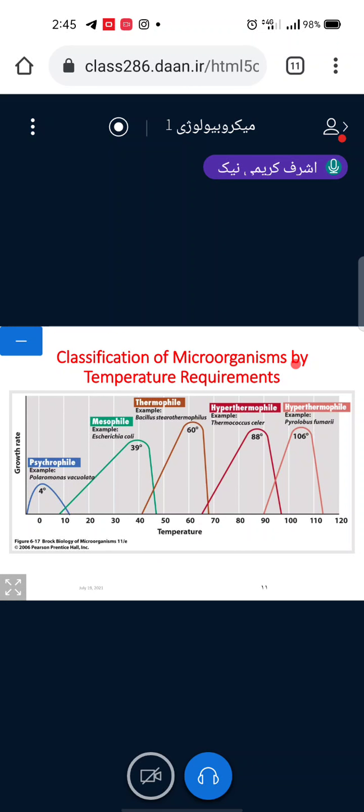Classification of microorganisms by temperature requirements.